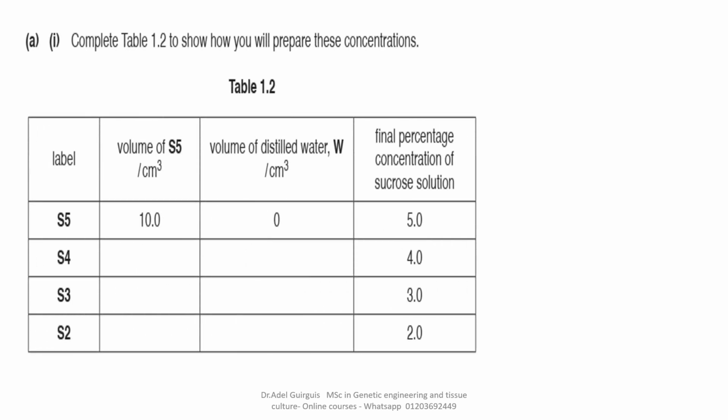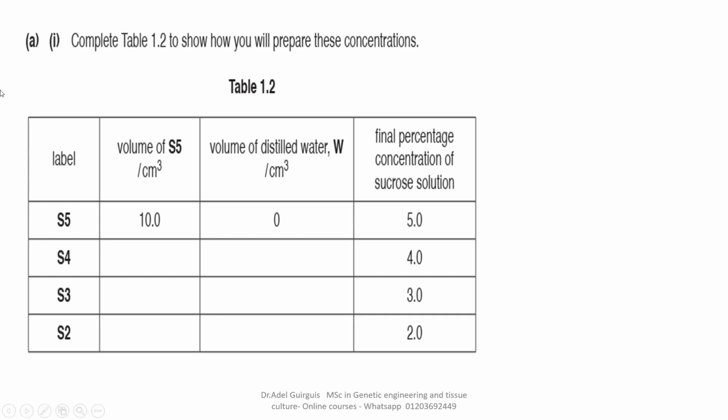Now, with this important skill, how to prepare simple or proportional dilution. Letter A, part i. Complete Table 1.2 to show how you will prepare these concentrations. Label S5, S4, S3, S2. You have to label the small beakers provided at your bench with a permanent marker S5, S4, S3, S2.